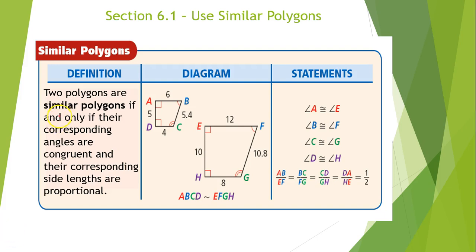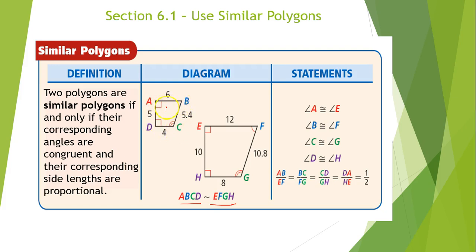Okay, here's how we define similar polygons. Two polygons are similar if and only if their corresponding angles are congruent and their corresponding side lengths are proportional. On this diagram right here, I have that ABCD is similar to EFGH, and it already has the angle markings.